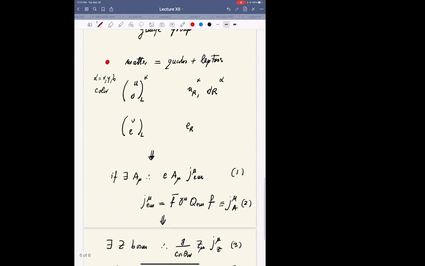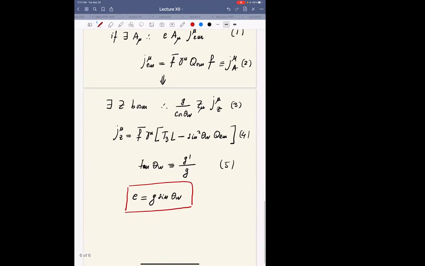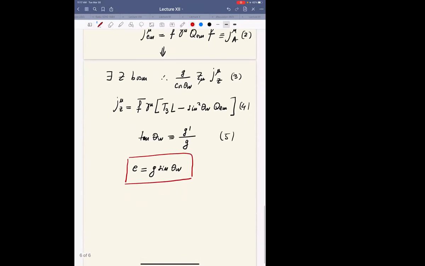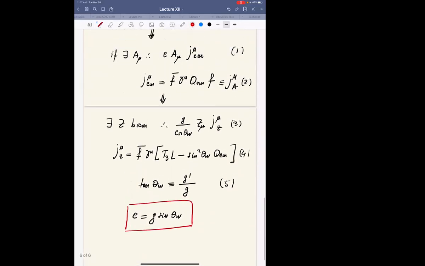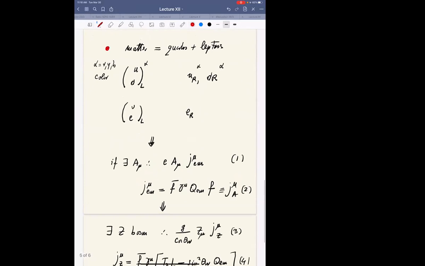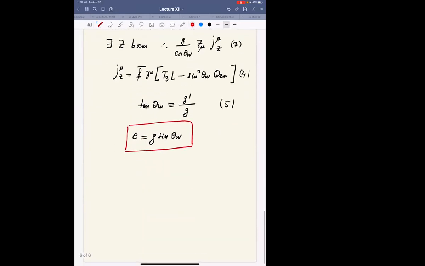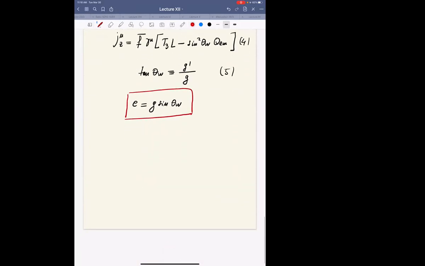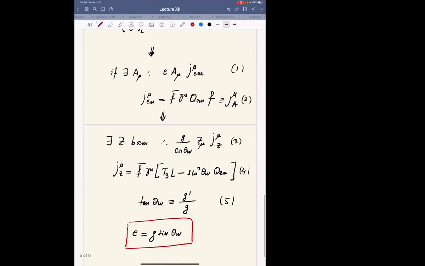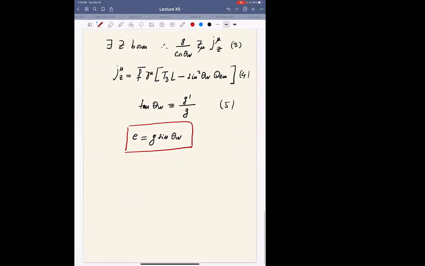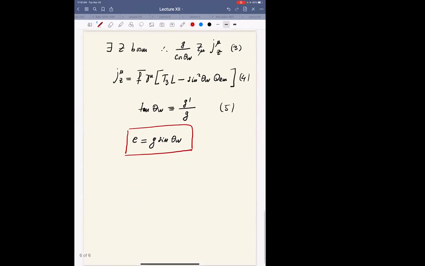Weak interaction is not weak at all. And we knew, by the way, that was very important.